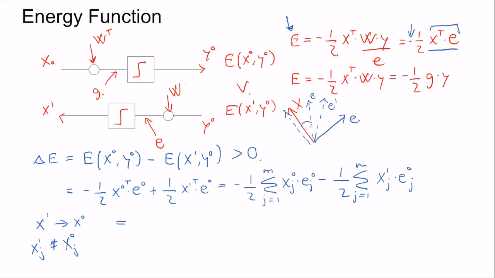So then all the elements in this summation will cancel out because they will be the same except for xj.